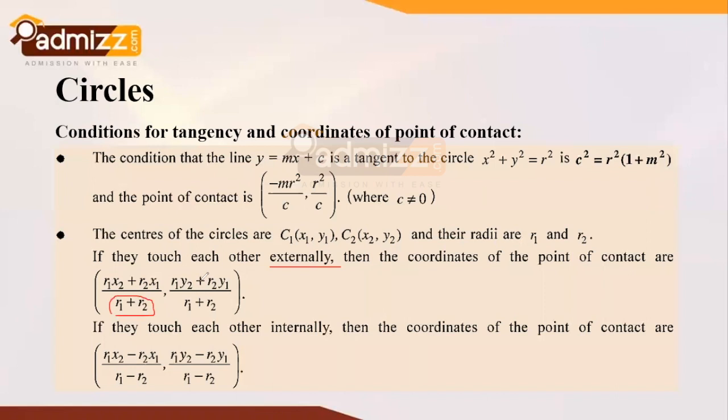Similarly over here, r1 y2 plus r2 y1 upon r1 plus r2. The only difference between external point of contact and internal point of contact is that the sign changes. Over here it is plus sign and here it is minus sign. The rest of the part is the same.